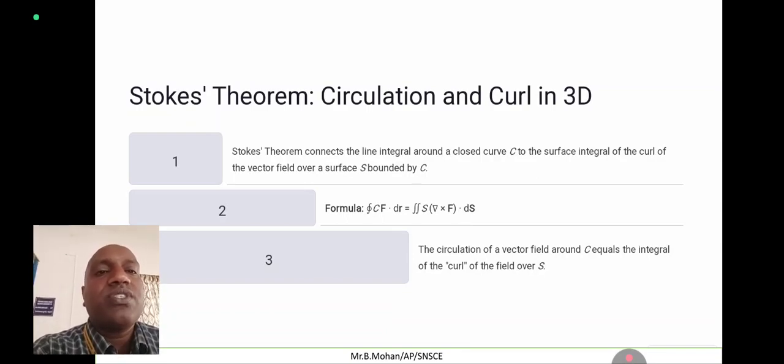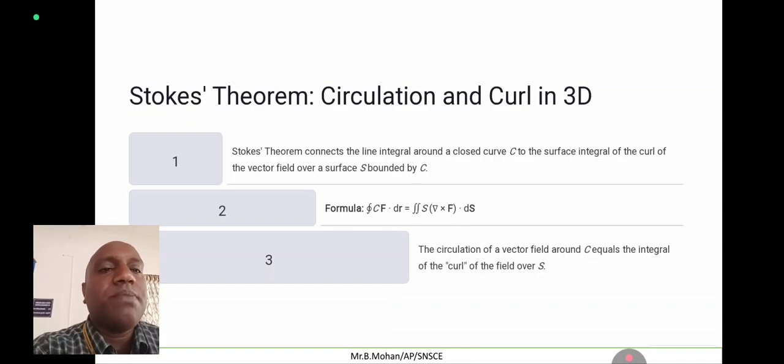The formula is: the integral over C of F vector dot dr is equal to the double integral over S of del cross F vector dot dS, where dS is the surface element and del cross F is the curl of the vector.